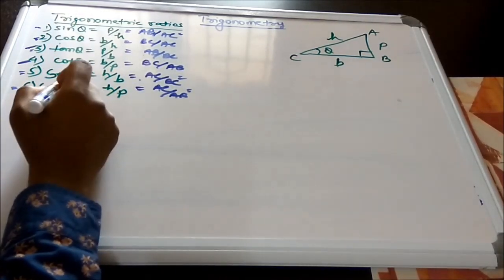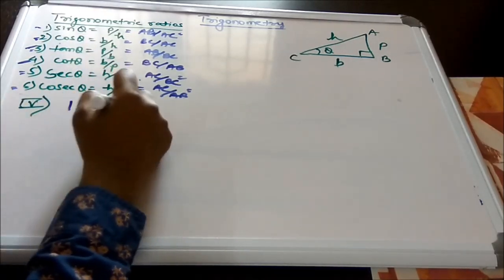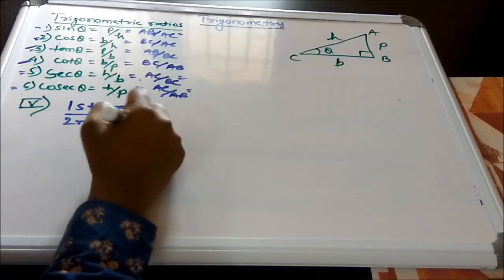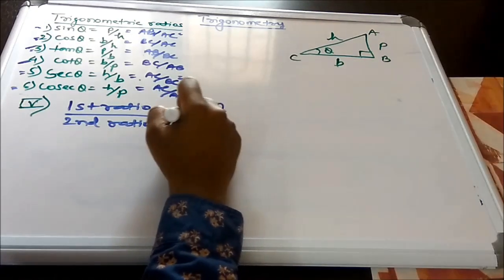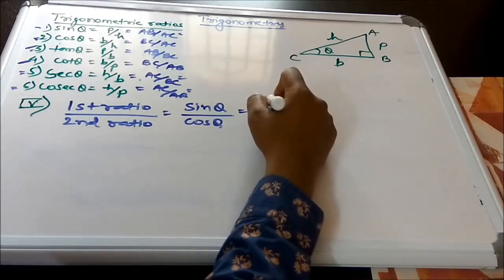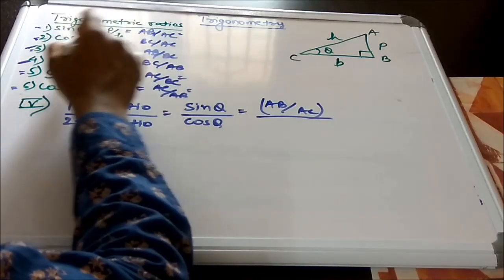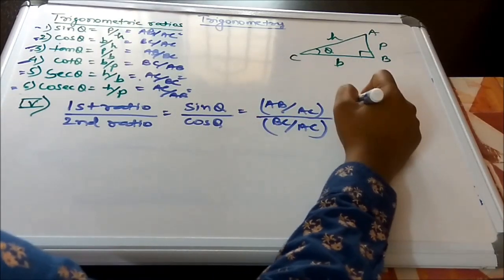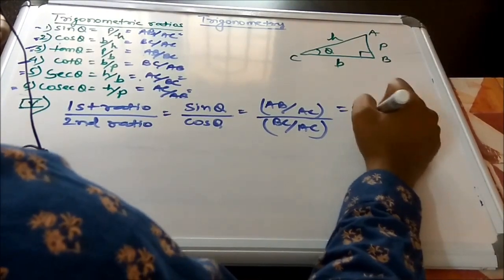Fourth relation. For fourth relation, what we have to do, we will divide first ratio by second ratio. So first ratio was what? Sine theta. Second ratio was cos theta. Sine theta is AB by AC divided by cos theta. Cos theta is BC by AC. So AB by AC divided by BC by AC will give us AB by BC.